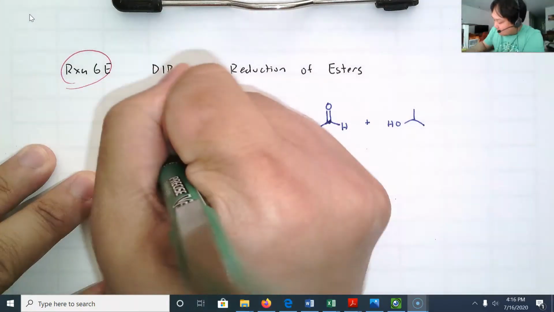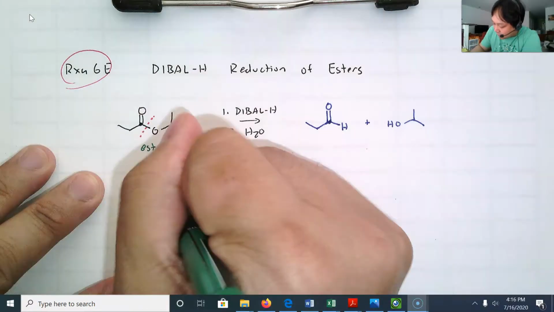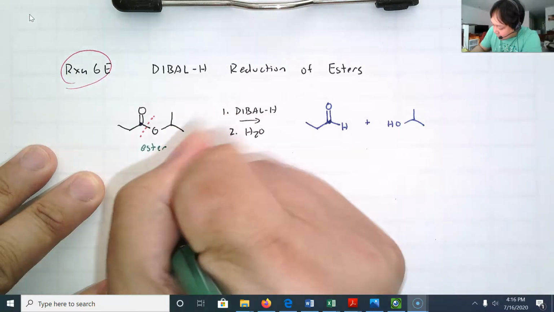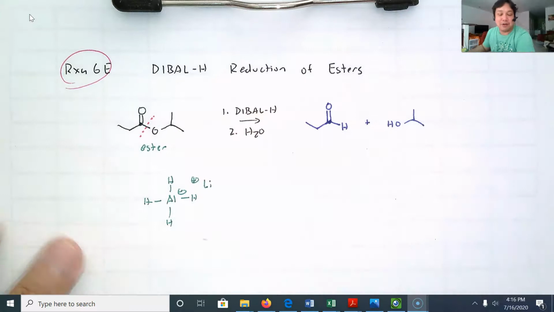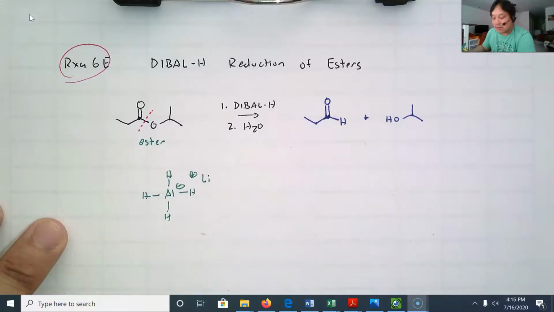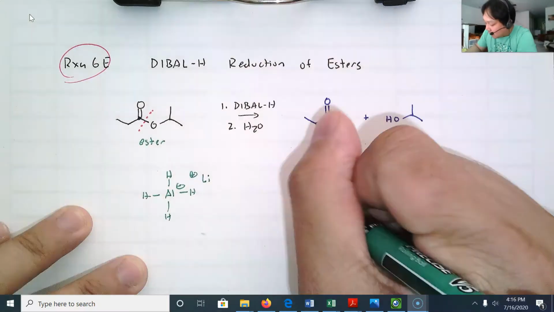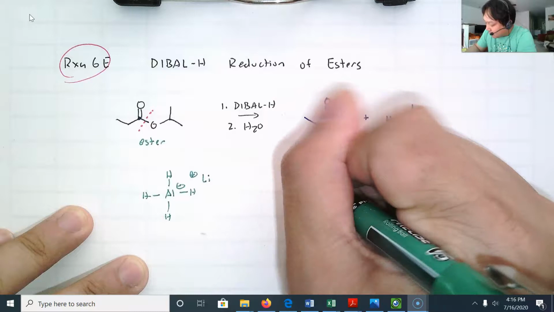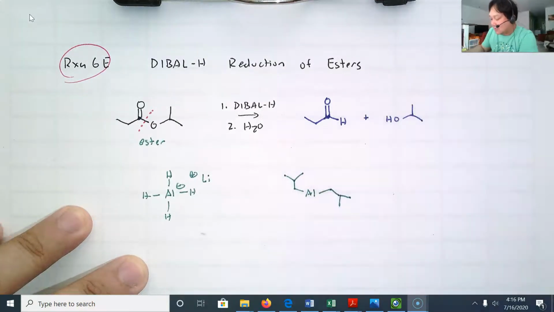What is DIBAL? Let me remind you what LiAlH4 is first. Lithium aluminum hydride. DIBAL is this molecule but weakened. How do we weaken a reagent? We can weaken a reagent by putting bulky groups on it. Those are diisobutyl groups.